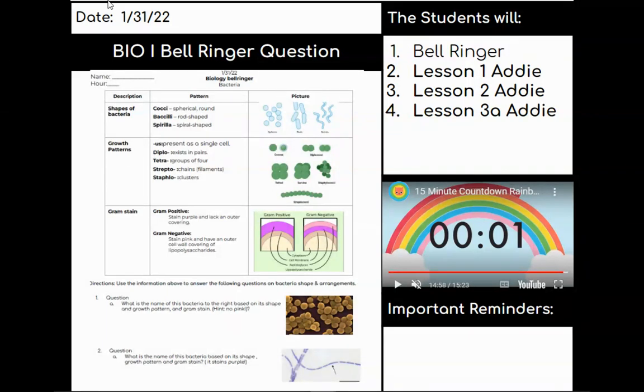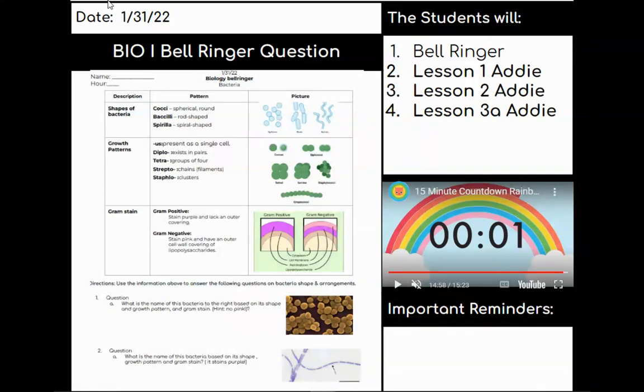If the bacteria stains pink, that means it's gram-negative, and it has an outer cell wall covering of a lipopolysaccharide. So the bacteria will stain a specific color, letting us know if it has that extra layer around it.